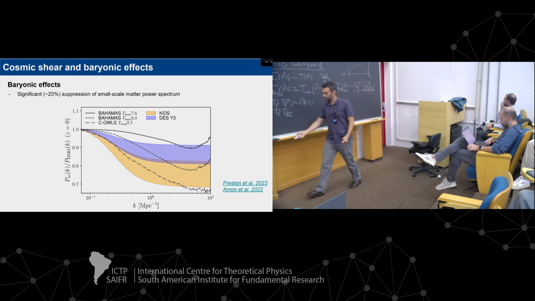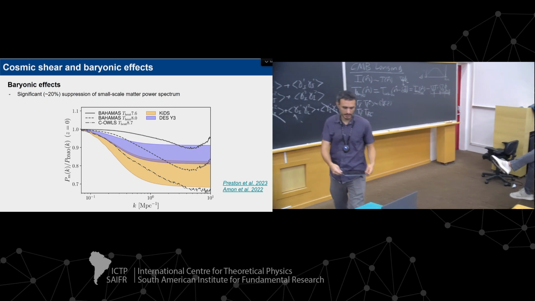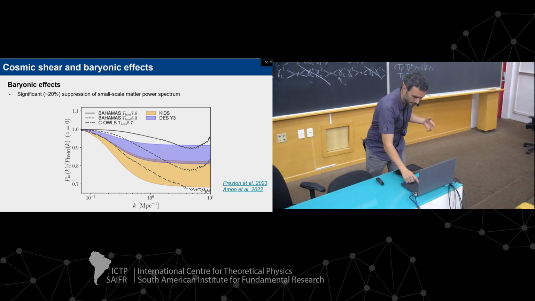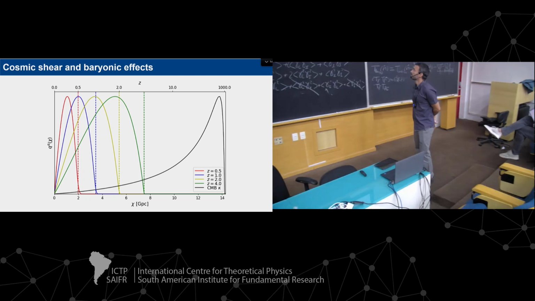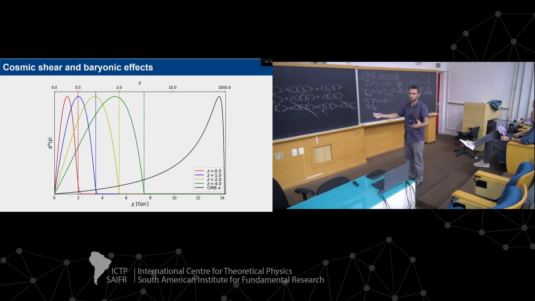And so why is that useful? Very quickly, the way we should think about it for practical purposes is that CMB lensing is like lensing for galaxies, except all our galaxies now are at very high redshift. All the galaxies are at the same redshift, which is a redshift of 1,100, the redshift of the last scattering surface. And so this basically shows you what the lensing kernels look like for galaxies at different redshifts.